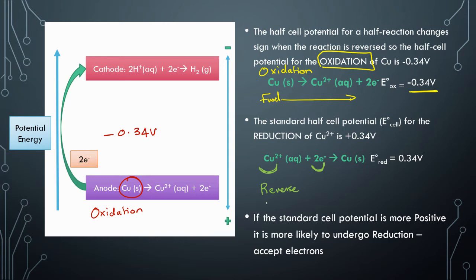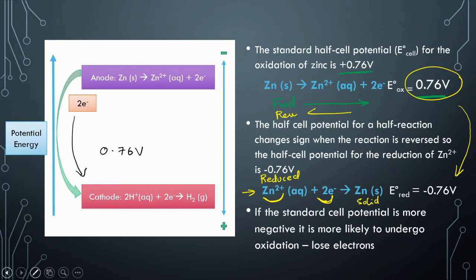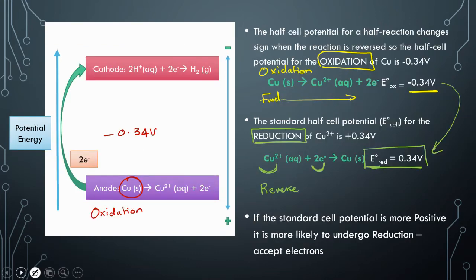This is the forward reaction here. This is the reverse reaction. If you were to reverse copper's oxidation, which means you have reduction, the sign flips, and now copper's reduction potential is 0.34 volts positive. So zinc's reduction potential was negative, and copper's reduction potential was positive.